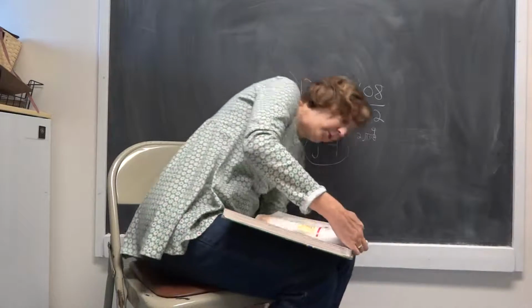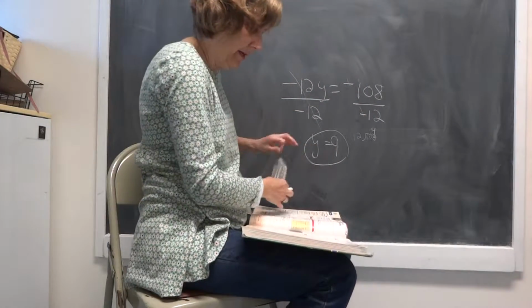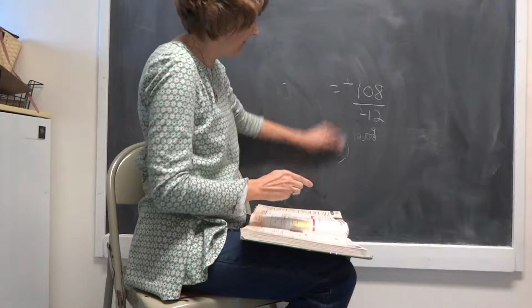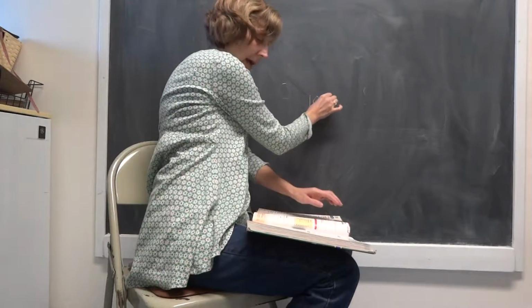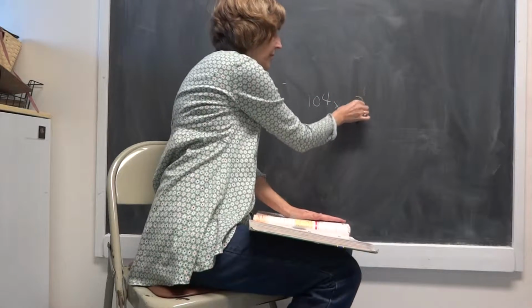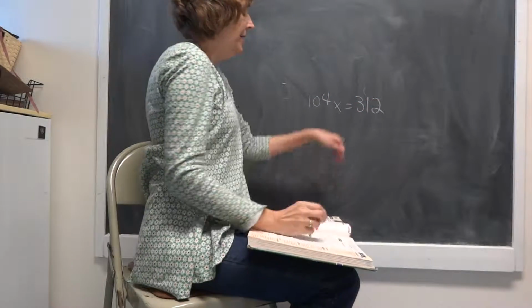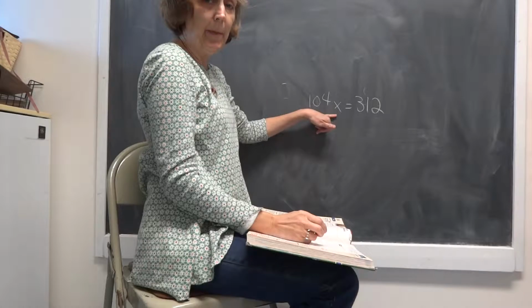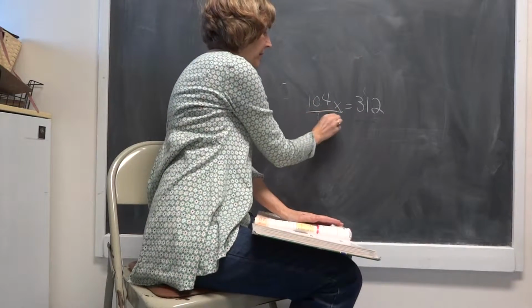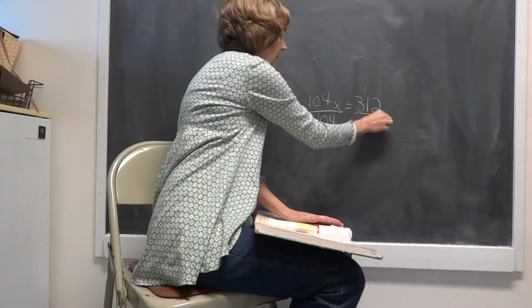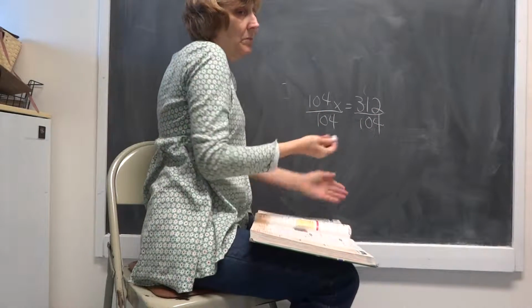Now let's do one more. Check understanding 1C. 104x equals 312. Again, we're solving for x. We want x by itself. Whatever we do to this side, we have to do to that side. Divide both sides by 104. 104 divided by 104 is 1.